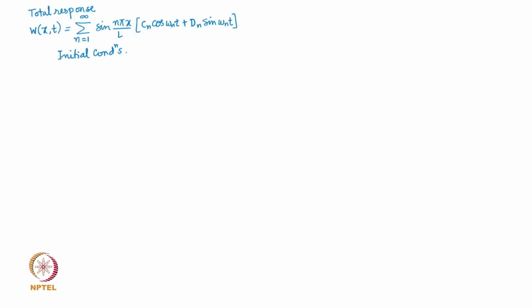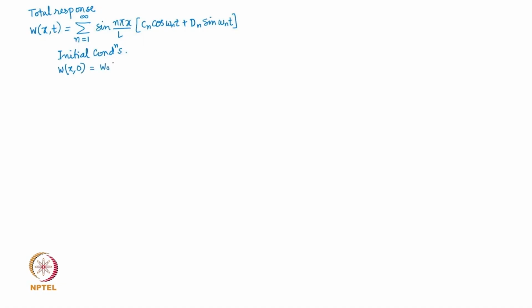Just make a relation to a simple single degree of freedom system, wherein we obtained the complete vibratory response by implementing the initial conditions x at t equal to 0 and x dot at t equal to 0. So what is our initial condition? W at any position along the length at time t equal to 0 is your initial condition.